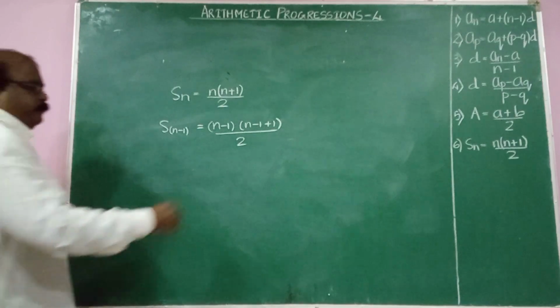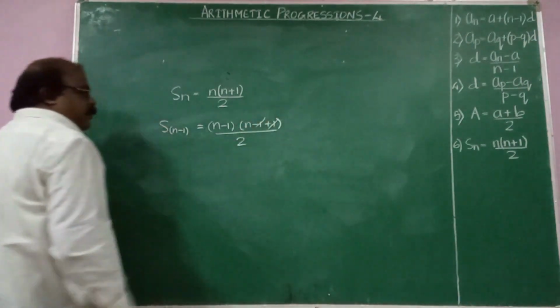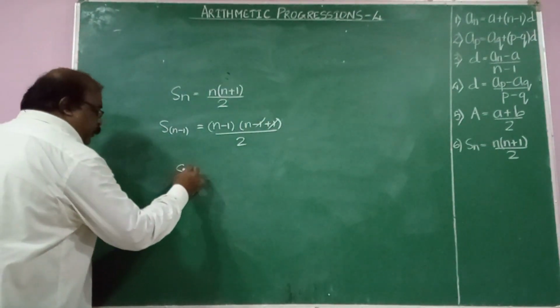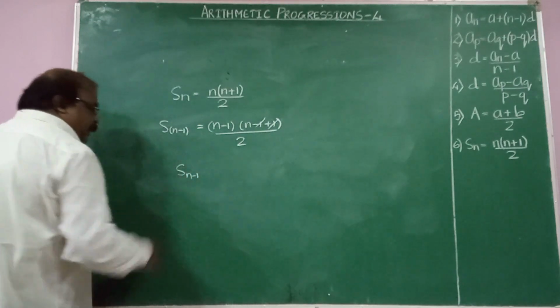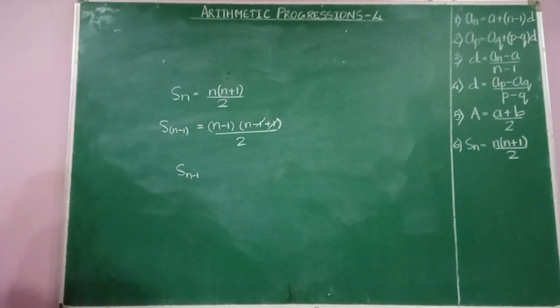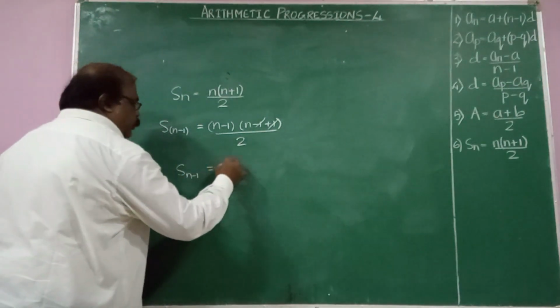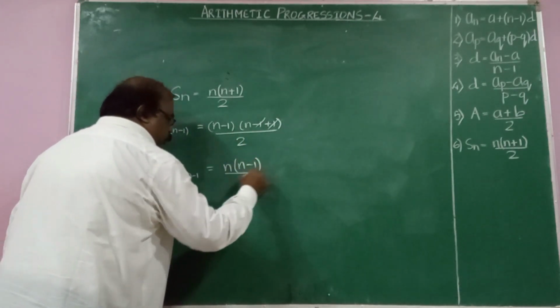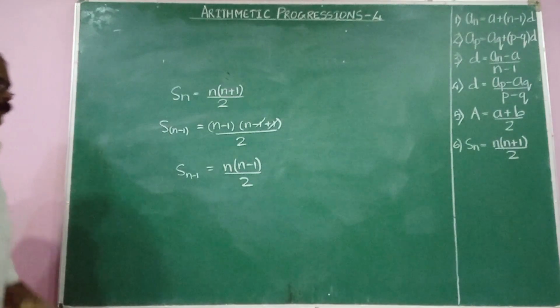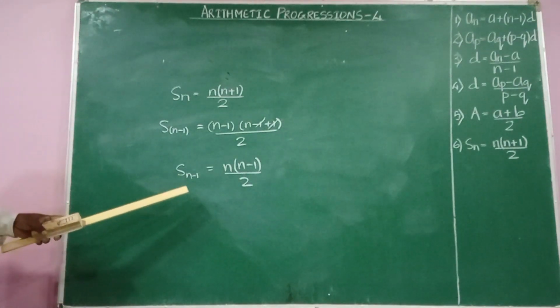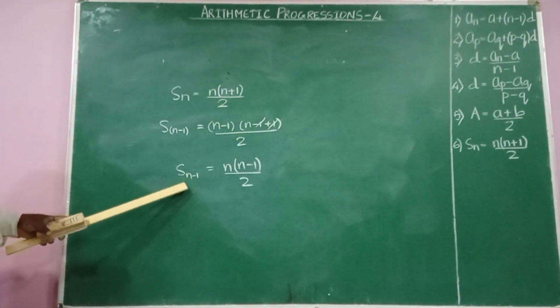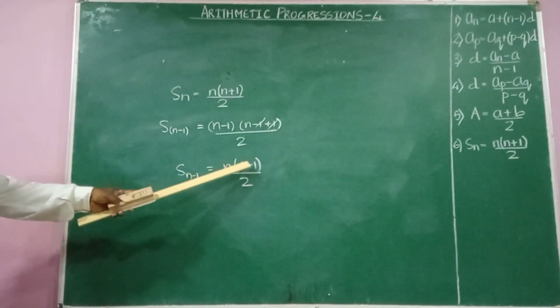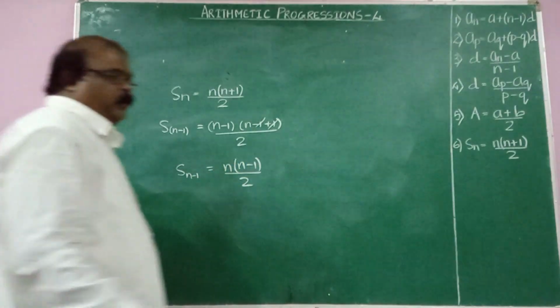So what happens? Plus 1 and minus 1 cancel. So I have come to the conclusion that S of n minus 1 is equal to n into n minus 1 upon 2. If I ask you what is the value of S of n minus 1, your answer will be n into n minus 1 upon 2.